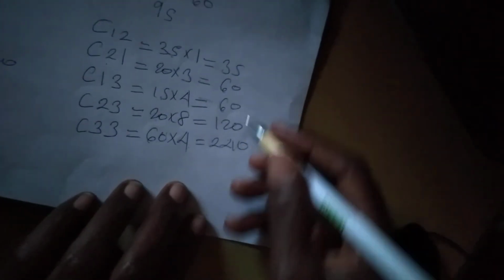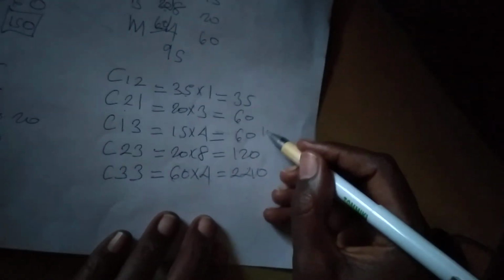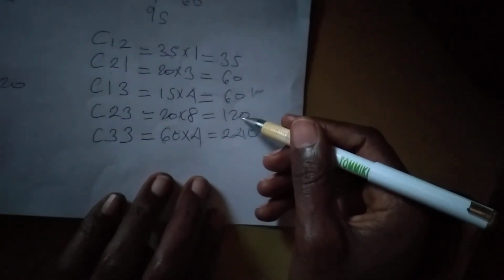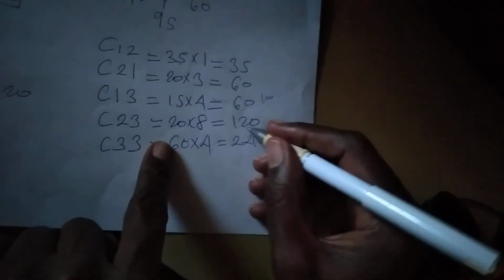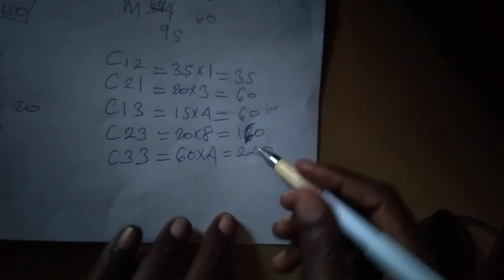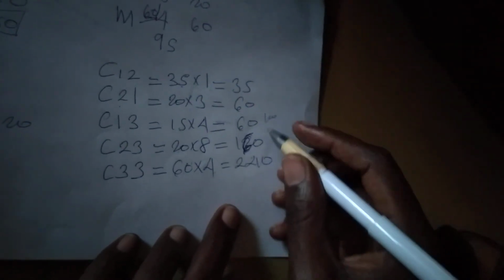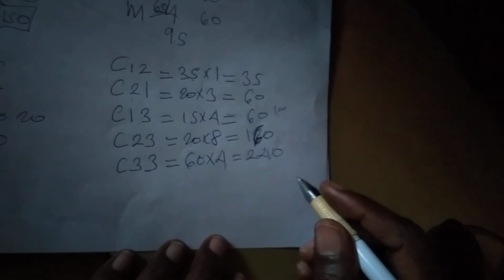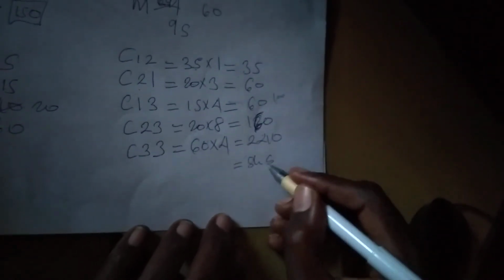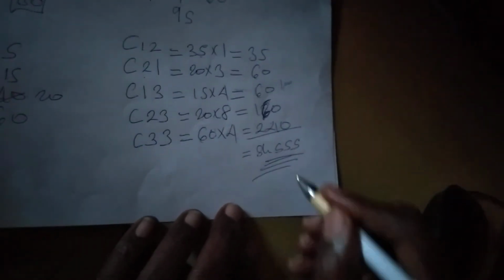So when you total this, you get 555 shillings. That is the total.